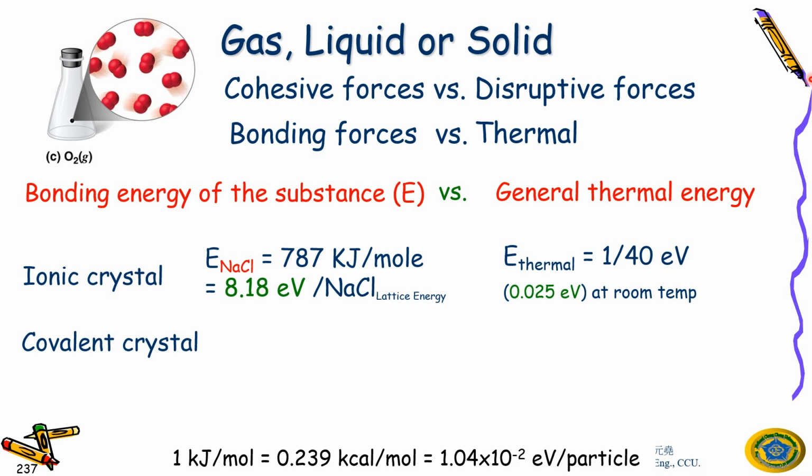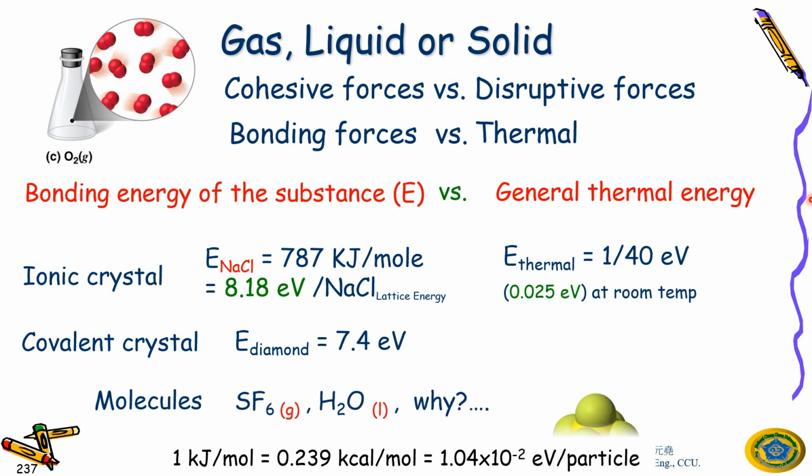Right. How about covalent crystal? Covalent crystal like diamond, you know the band gap is 7.4 electron volts. Again, at room temperature, diamond is in the solid phase, right? A molecular crystal, like sulfur fluoride and water.